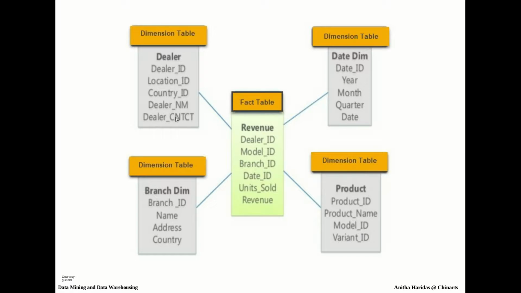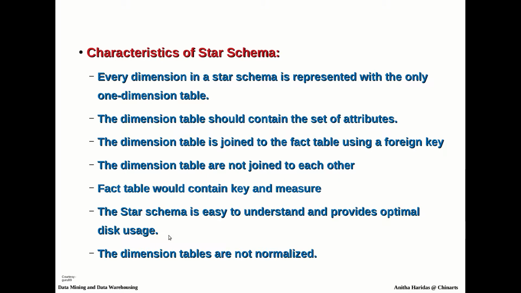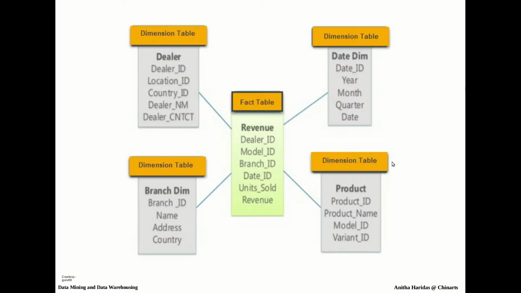For the branch ID, name, address, country, these are the attributes that come in the dimension table. And the dimension table is joined to the fact table using a foreign key. That also we have seen. So the dealer dimension table is joined to the fact table using the foreign key.